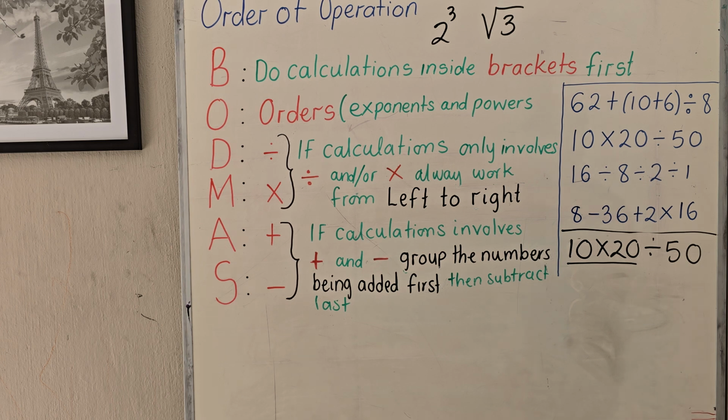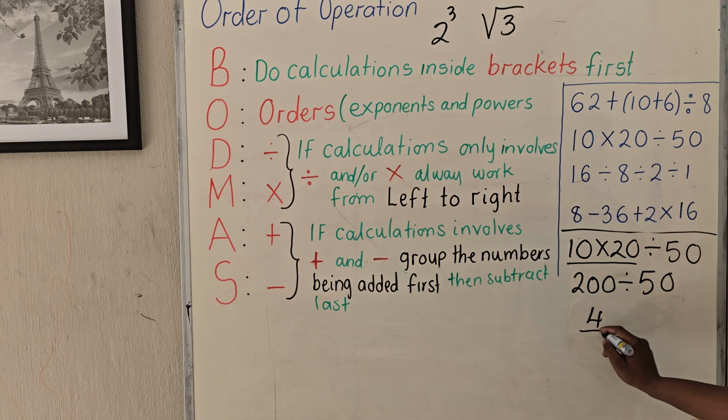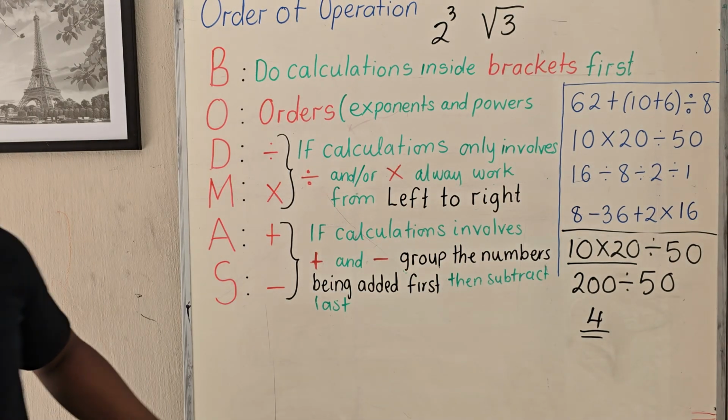So I'm going to begin by multiplying. 10 times 20 is 200 divided by 50, and now I can do the division later, which is 200 divided by 50 is 4. So my final answer is 4. Let's do another example.